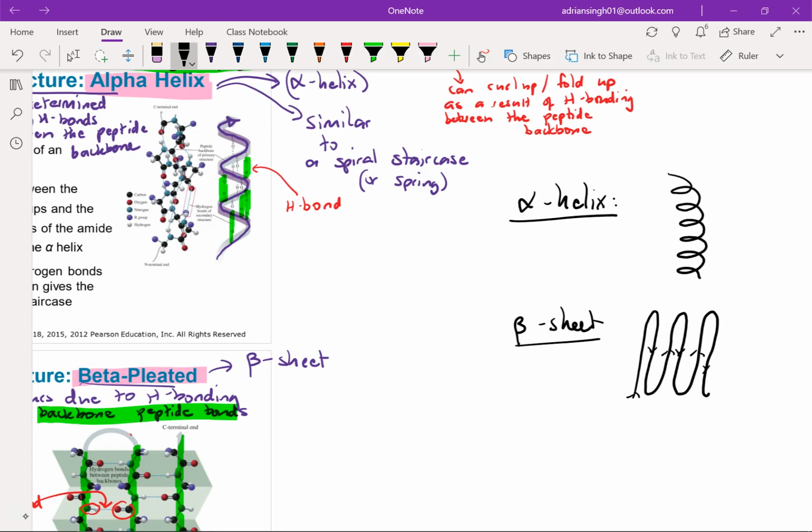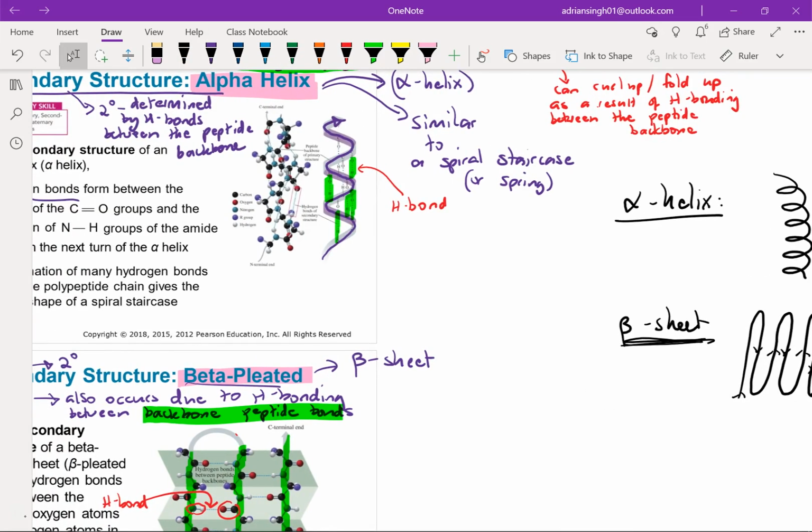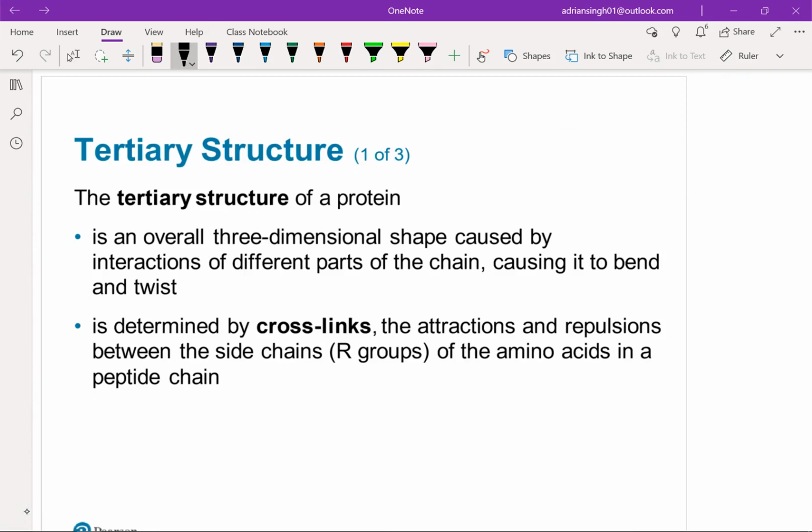Depending on whether you look online or elsewhere, you'll see the beta pleated sheet represented with this serpentine type structure, whereas the alpha helix is usually represented with a spring-like structure or a spiral staircase.